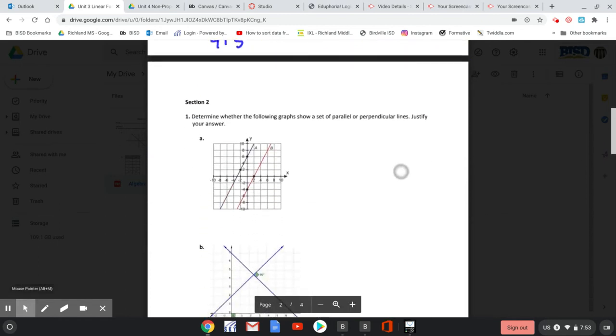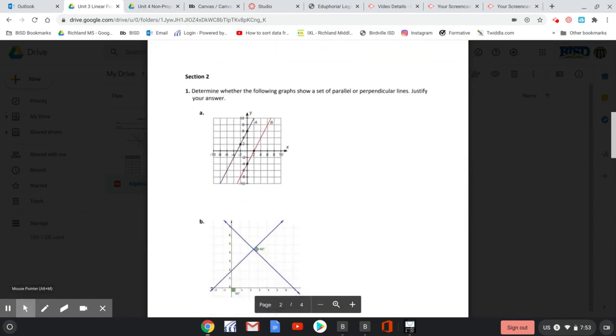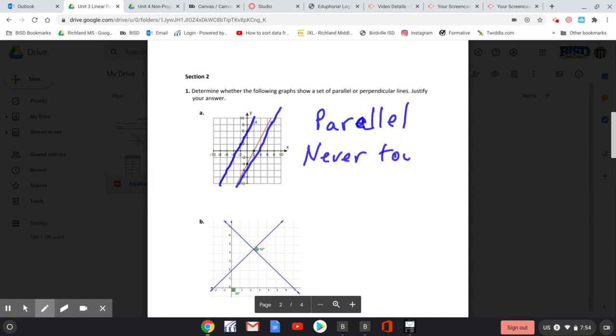So it says, determine whether the following graphs show a set of parallel or perpendicular lines and justify your answer. Easy enough. A, we can see these are parallel, and that means they will never touch. They will keep going, but they will never touch. So these are parallel. They will never cross.